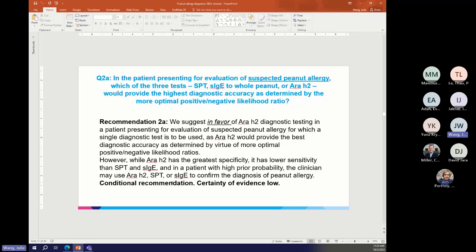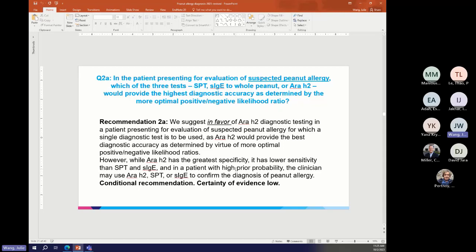And so the evidence, and this underwent the GRADE evaluation process, the recommendation is that we suggest in favor of testing IgE to Ara h 2 in a patient suspected with peanut allergy if you have only one test to pick, because Ara h 2 would provide the best diagnostic accuracy as determined by virtue of more optimal positive and negative likelihood ratios. But it's important to note that while IgE to Ara h 2 has the greatest specificity, sensitivity is lower than skin tests and blood tests, and I'll show you some of that data in the next slides.